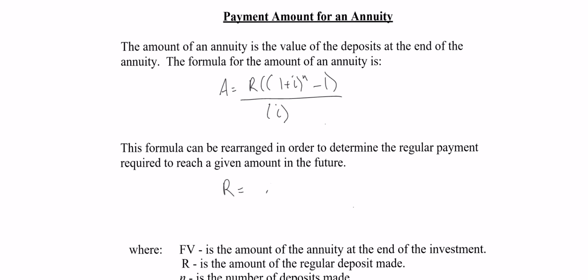So we end up with R is equal to A bracketed with I, right? Now because on this side of the equation, this whole portion is timesed by R, in order to bring it to the other side, we're going to divide everything by that value, and we end up with this as our final answer.